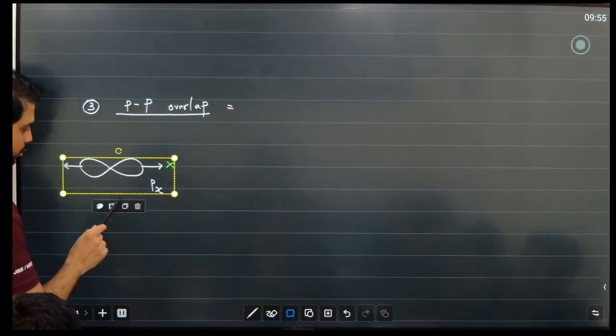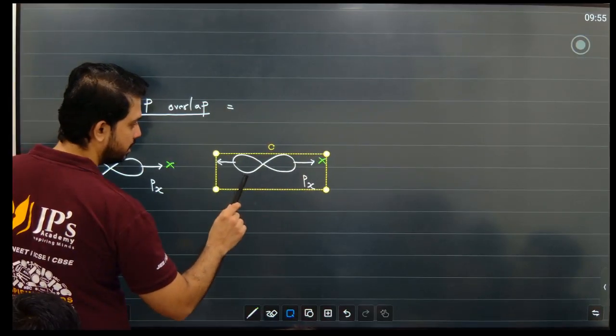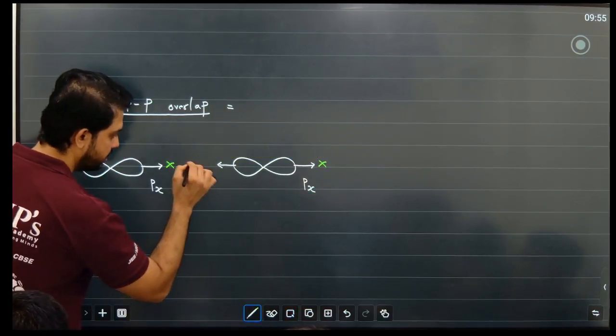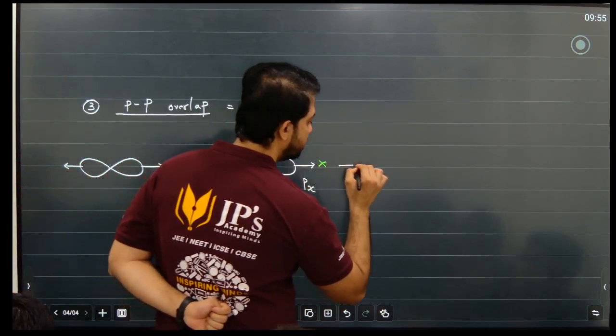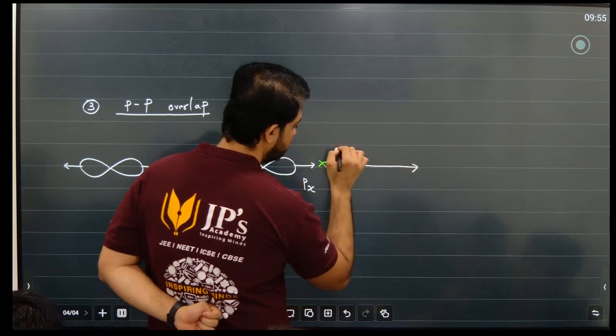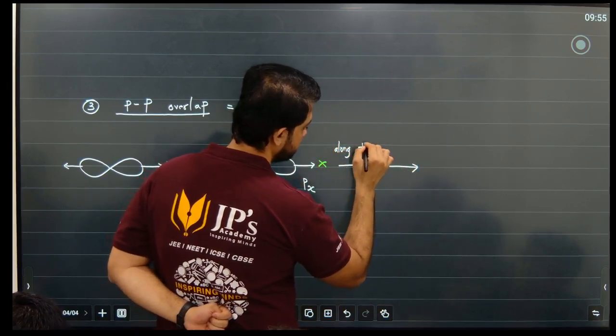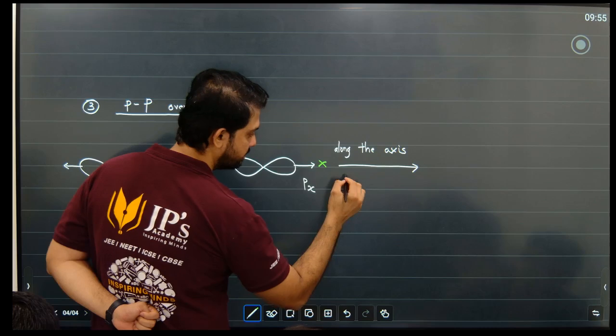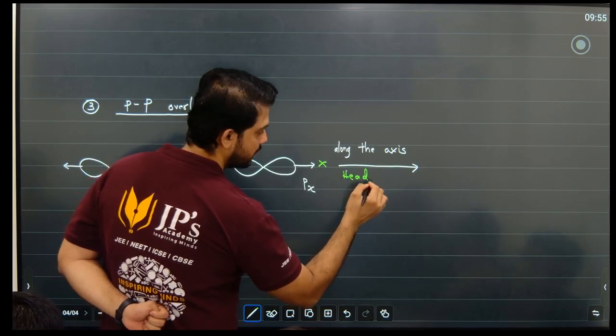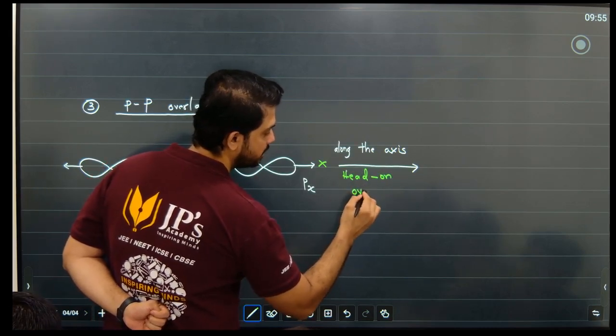We need one more px orbital. Both the px orbitals will overlap along the axis. या इसको हम एक और नाम दे सकते हैं. This is called as head-on overlap.